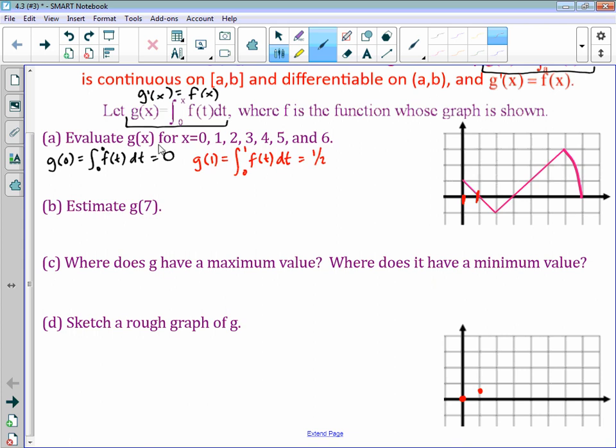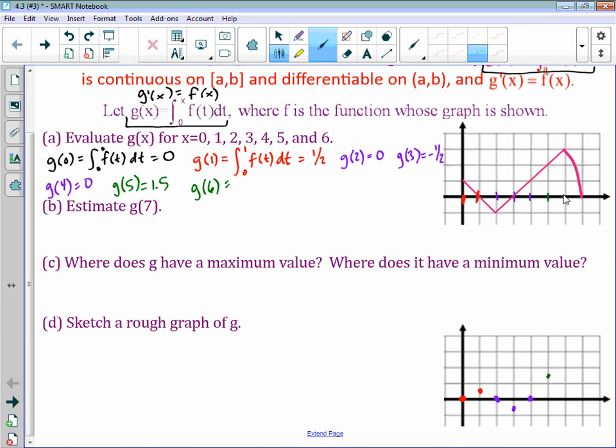Okay, so go ahead and find g of 2, 3, 4, 5, and 6. Then I'll write them up here, and you can compare. So see if you're getting the same thing I'm getting here.